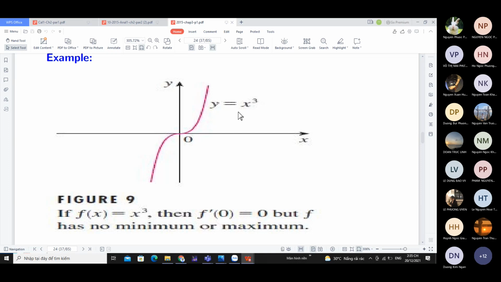However, 0 here is not a local maximum. I mean, the function f has no local maximum and no local minimum at the origin. The above theorem gives us just a necessary condition.